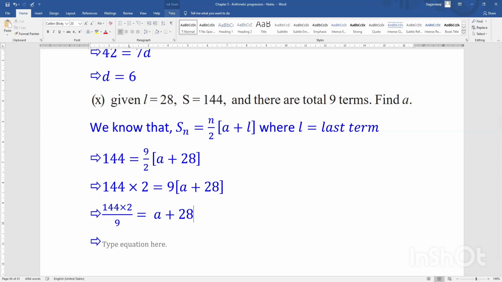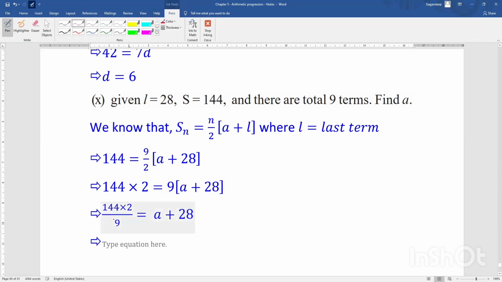Then we get 16 twos are 32. 32 equals a plus 28.